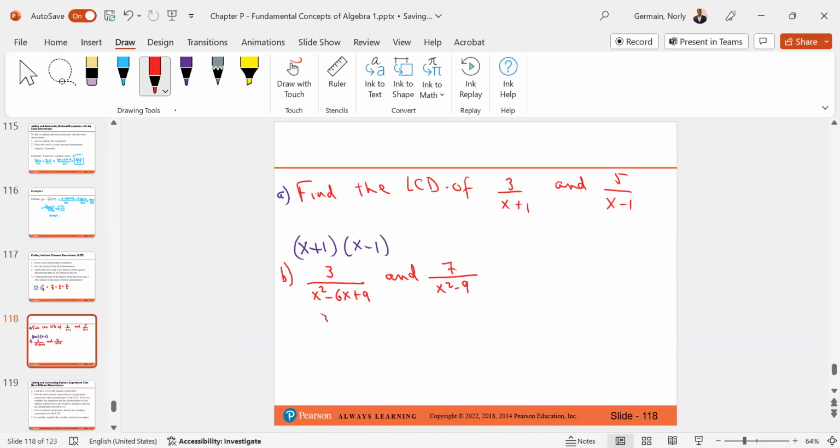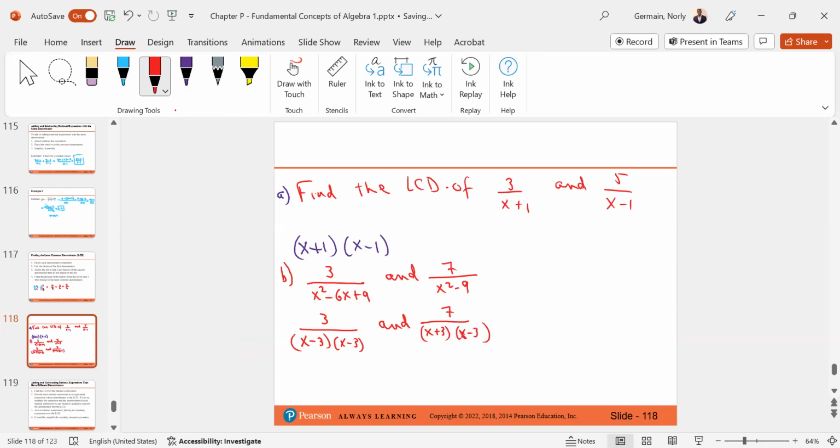So we're going to do 3 over two numbers that when you multiply give you positive 9, when you add give you negative 6, is x minus 3 times x minus 3. And you must factor the second one. Remember, x squared minus 9 is like x squared minus 3 squared. So x plus 3 times x minus 3.